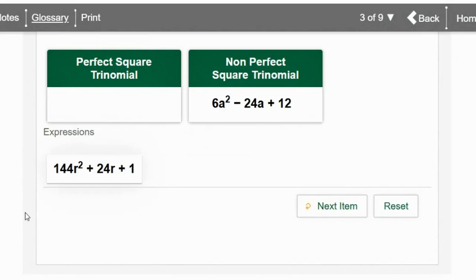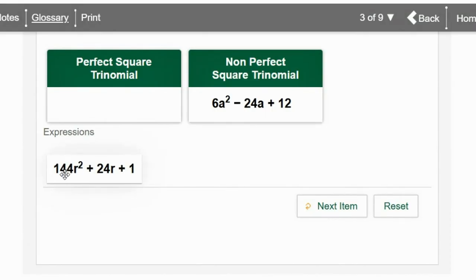If it is squares, and I multiply those together and double it, do I get the middle term? So 144r squared plus 24r plus 1. This has possibilities, right? Because 144r squared is a perfect square. It's 12r times 12r: 12 times 12 is 144, r times r is r squared.